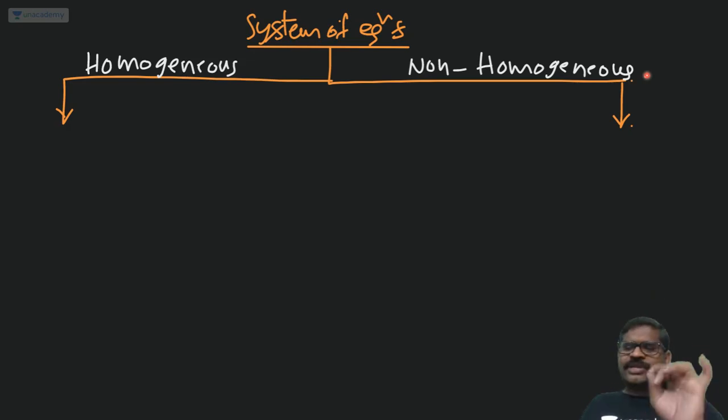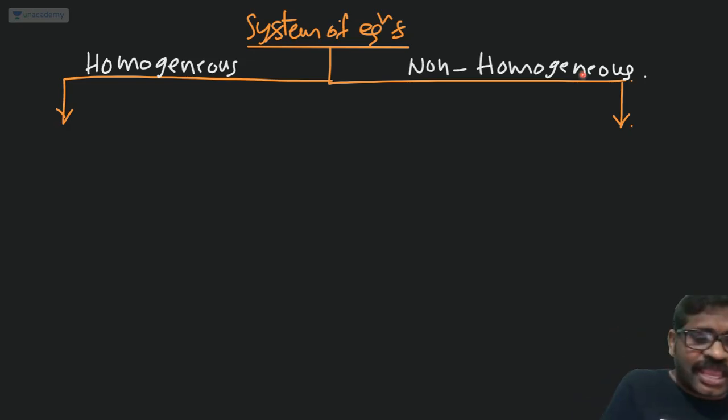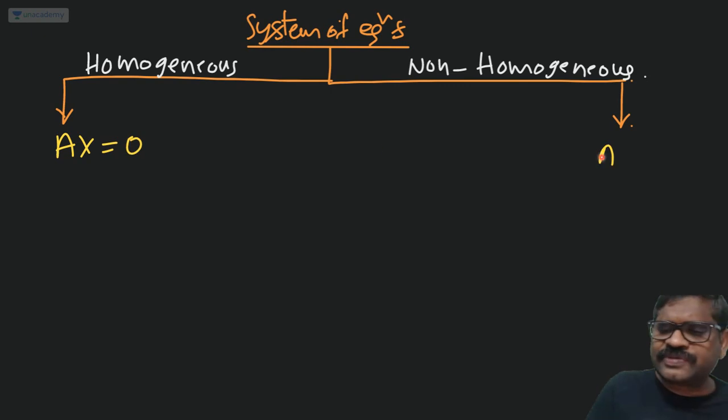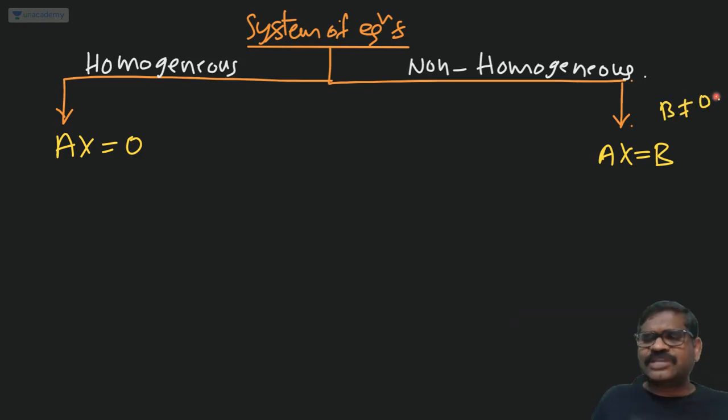You have to remember this diagram. Ax equal to 0 is called homogeneous. Ax equal to B, B not equal to 0 is non-homogeneous.